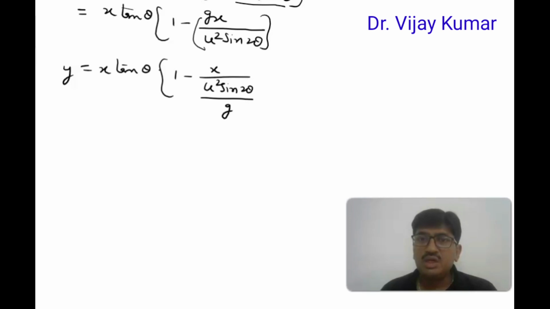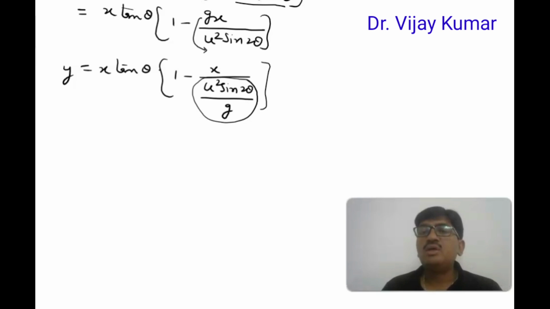We can take it downward, so x upon u square sin 2 theta upon g, and dimensionally the unit of u square sin 2 theta upon g should be equal to the unit of x.